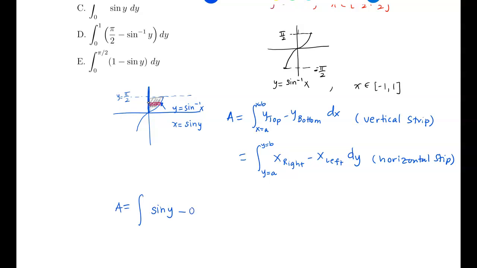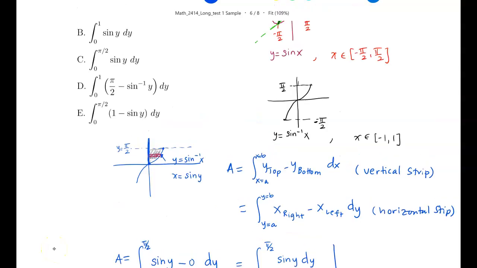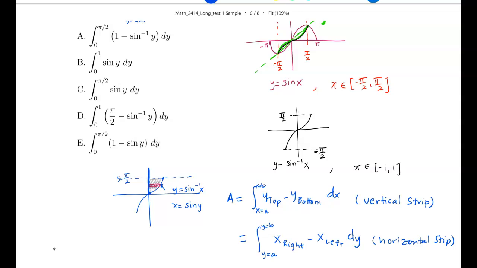Minus 0, and then that's dy. y runs from this point here, that's 0, up to y equals pi over 2. So the integral is just 0 to pi over 2 of sine y dy. And that is choice letter C.